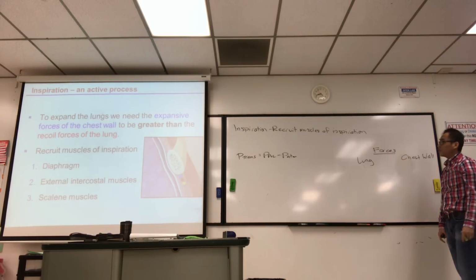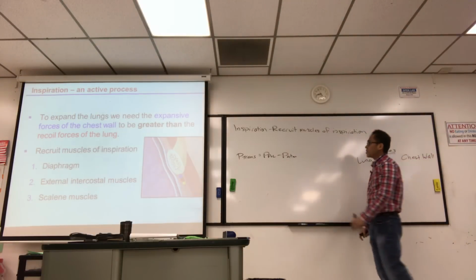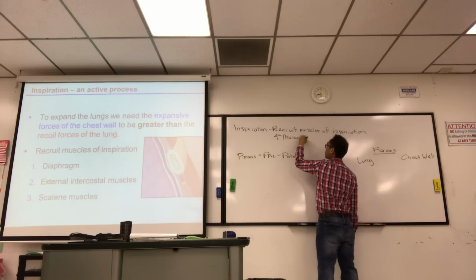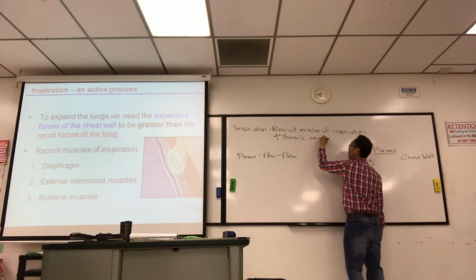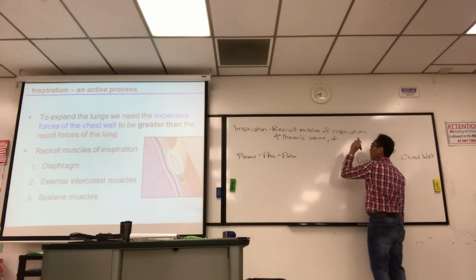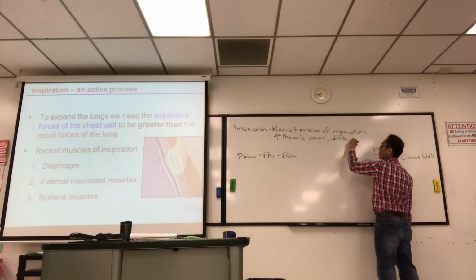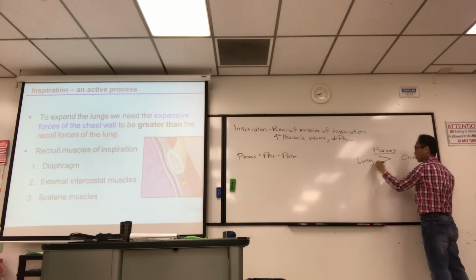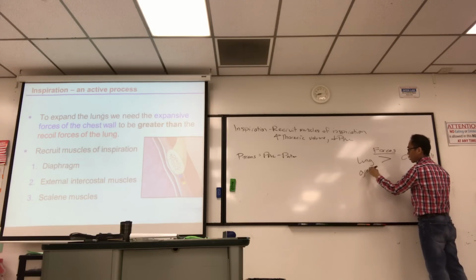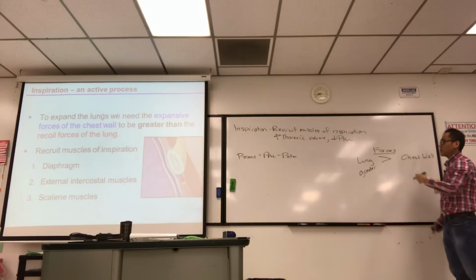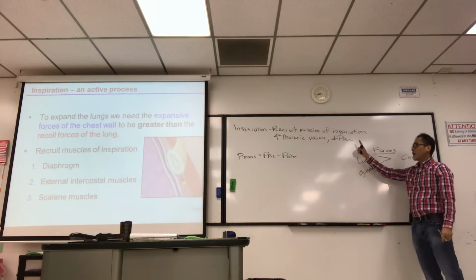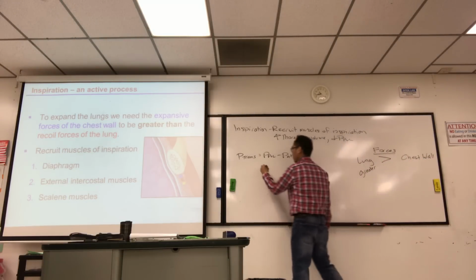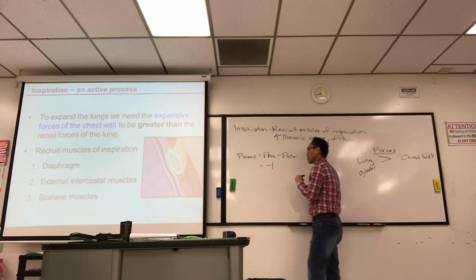Those muscles will expand the chest wall. You're going to increase thoracic volume. As a result, you're going to expand the lung, and you're going to decrease P-pull. So in our forces, the lung wall forces are greater than the chest wall, so things expand, and the pressure inside the alveolar spaces will decrease from 0 to -1.